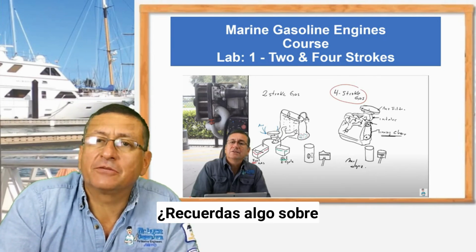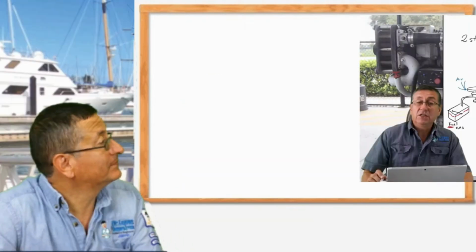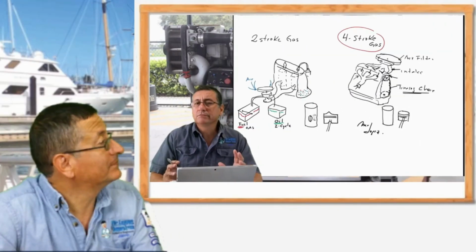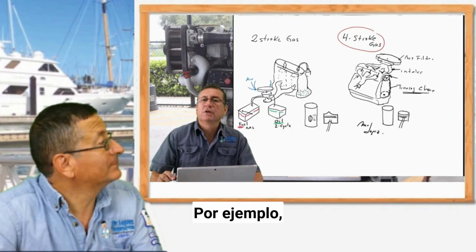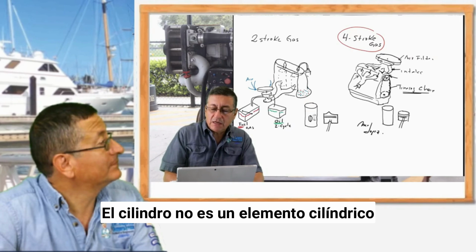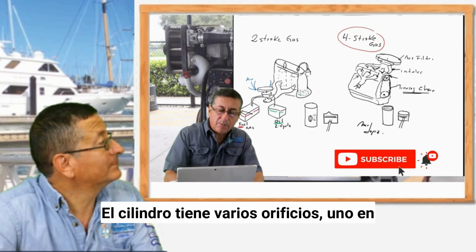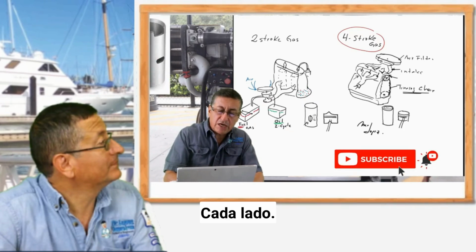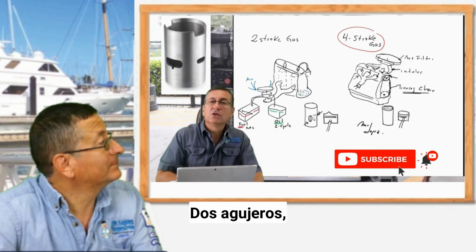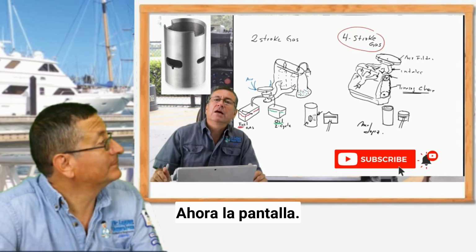And you remember the explanation about the 2-stroke gasoline engines? In 2 strokes there are some differences. For example, the cylinder is not a plain cylindrical element like this. The cylinder has a couple of holes, one on each side, one in front of the other, like the picture that you have on the screen right now.